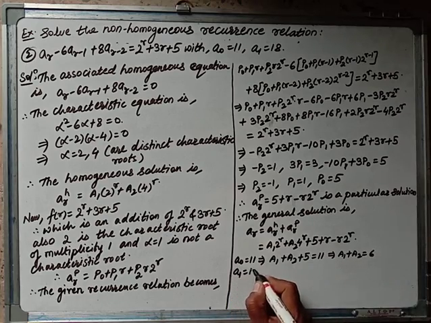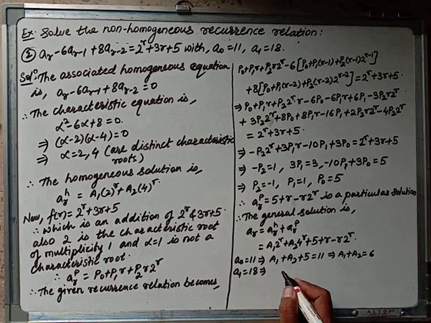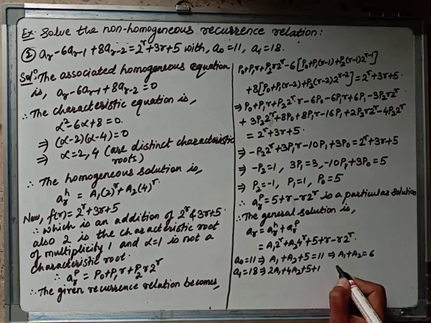A1 equal to 18. So that gives us 2A1 plus 4A2 plus 5 plus 1 minus 2. Fine.